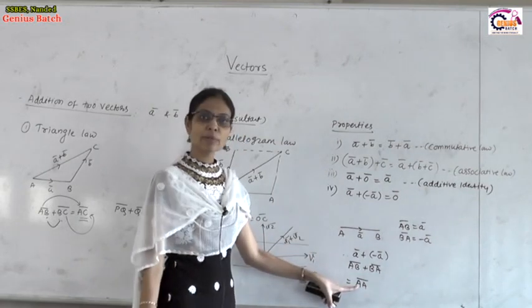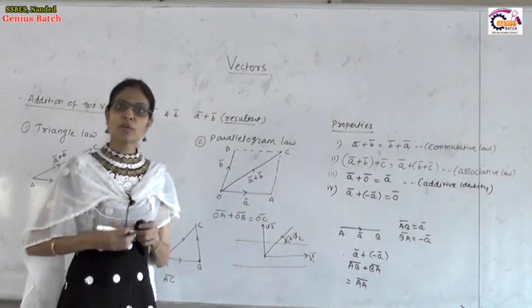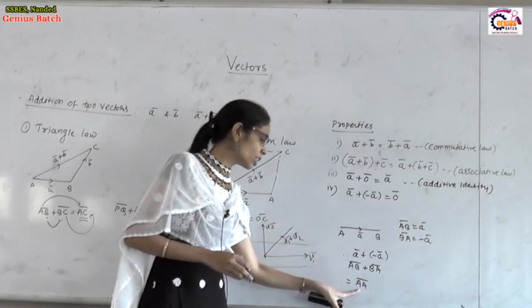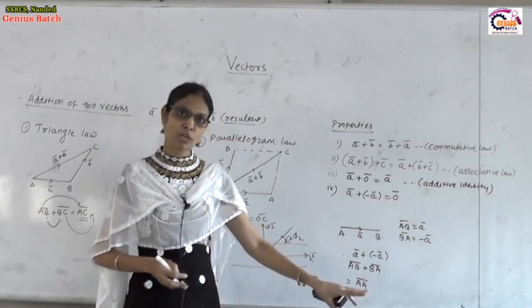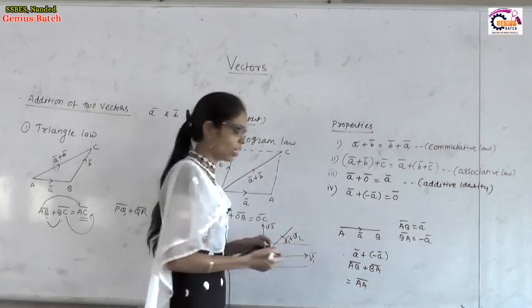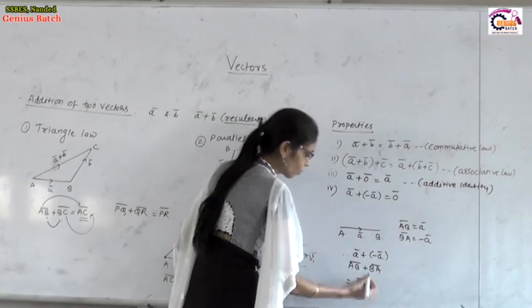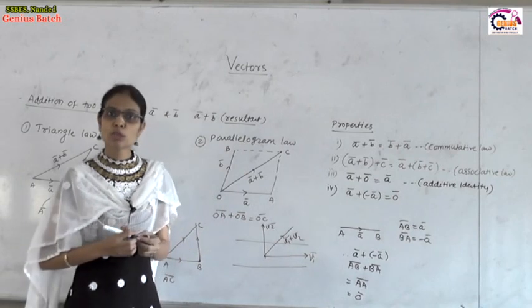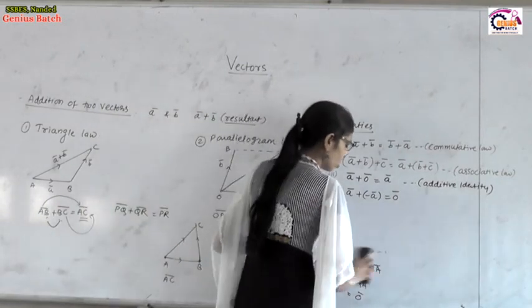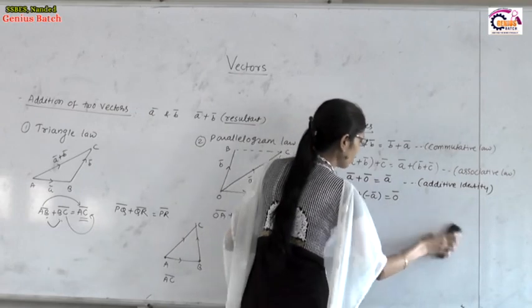So this is 0 vector. In the last video we defined what 0 vector is: 0 vectors are those vectors whose initial point coincides with the terminal point. So here the initial point is coinciding with the terminal point, meaning this is 0 vector. So when you add a vector to its negative vector, you will get a 0 vector. This is the fourth property.